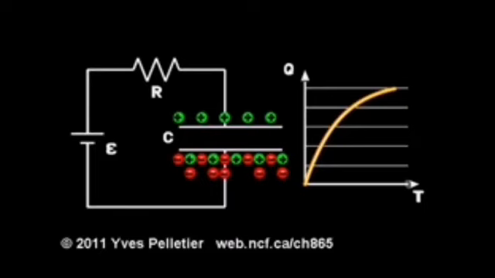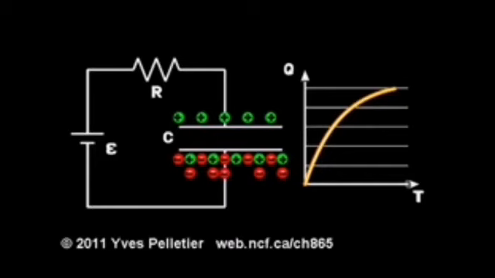So an excess of positive charge will appear in the upper plate, and the lower plate will acquire electrons. So the lower plate has excess electrons, therefore it possesses negative charge, and its sign will be negative. And in this case, I say that the capacitor is charged.